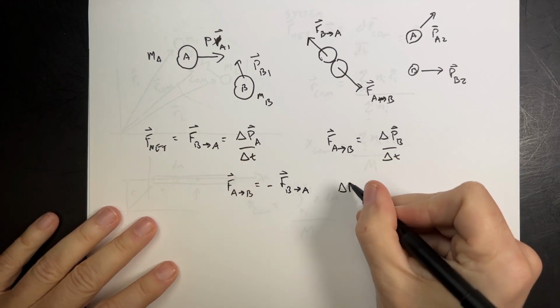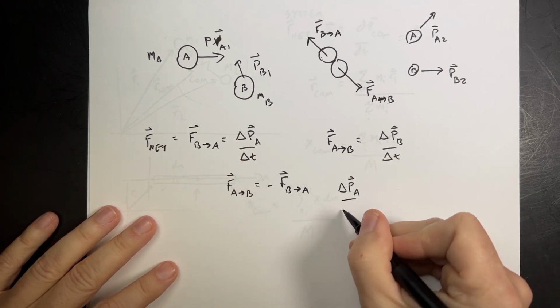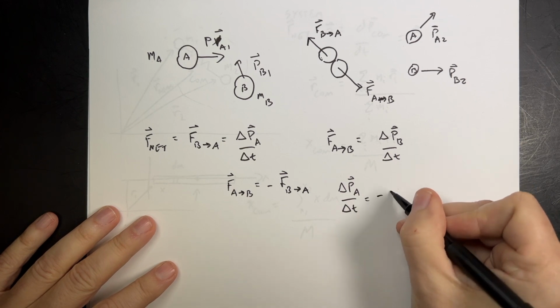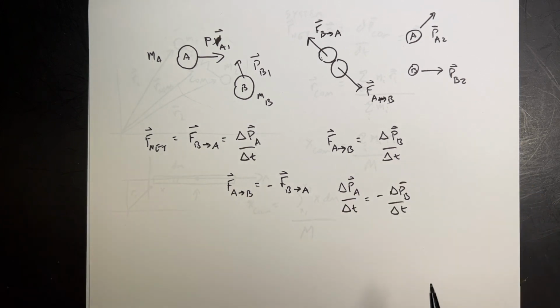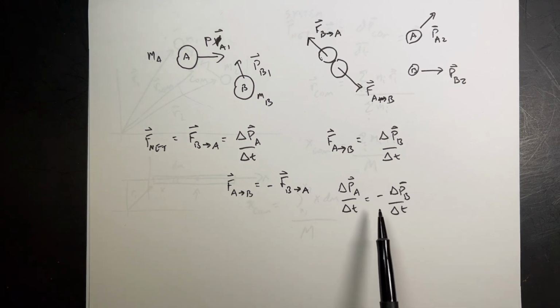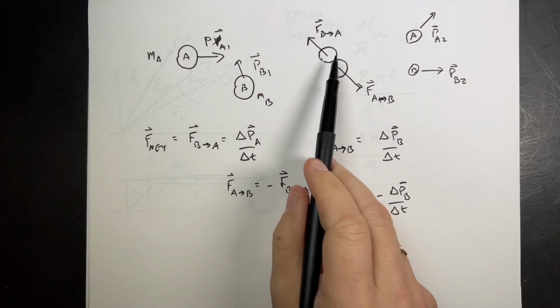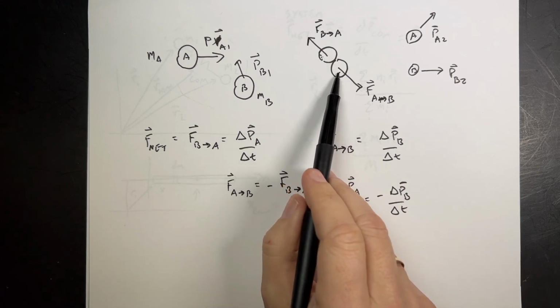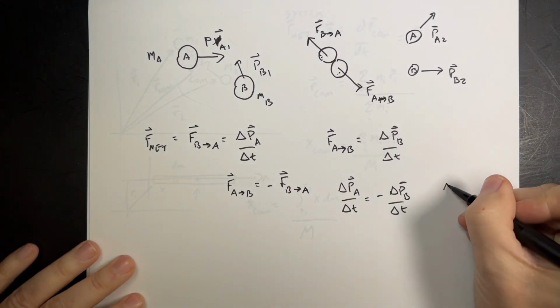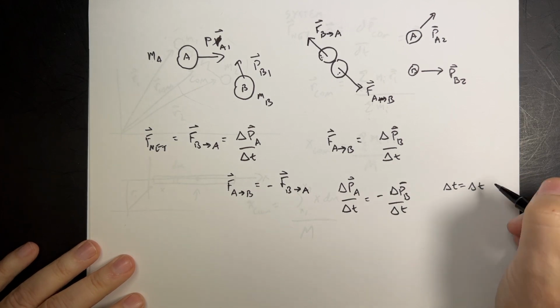So I get delta P A over delta T is negative delta P B over delta T. Now, delta T has to be the same. There's no way that this object can push on that one for a different amount of time than that one pushes on this one. So I'm going to say delta T equals delta T.